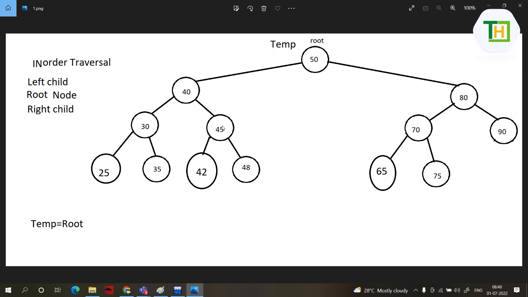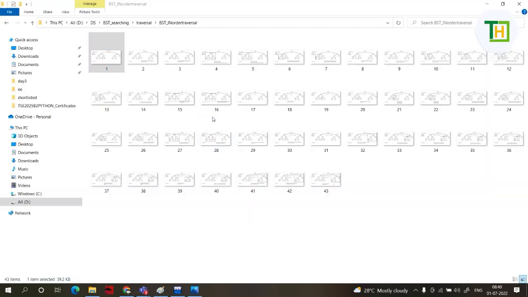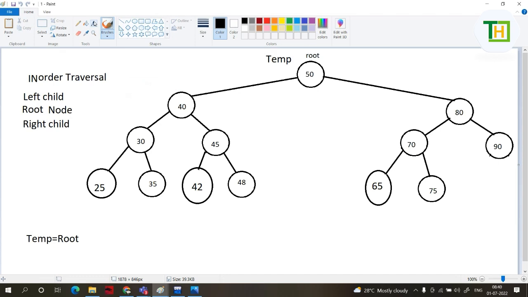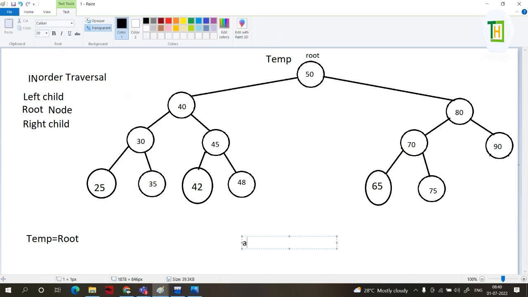What is Inorder Traversal? Inorder Traversal means left node, root node, right node. For example, A plus B: A is the left child, the root is the middle one, the addition, and B is the right child.